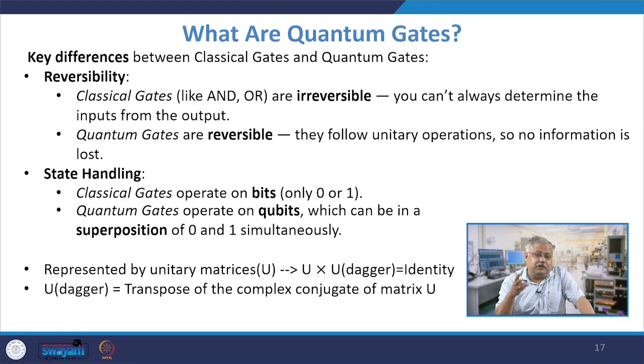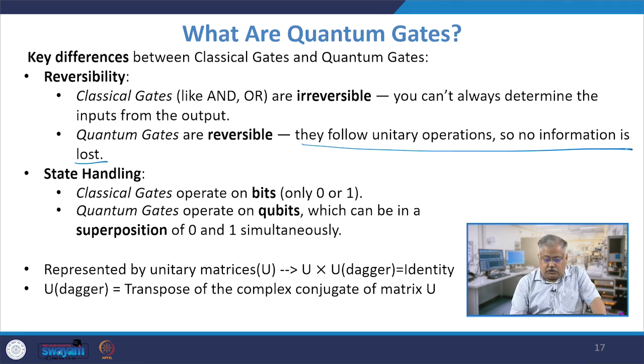So you will have three 1s and one 0 for a 2-input NAND gate, which means that just looking at the output you cannot predict what the input is. Similarly, for a NOR gate you will have three 1s available. So this is irreversibility, whereas quantum gates are reversible and primarily follow unitary operation. So no information is lost; loss of information is very low or almost impossible if we are handling these quantum gates.